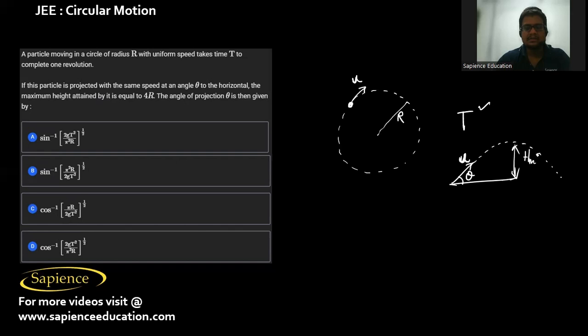The angle of projection theta is then given by, this theta we have to find out.